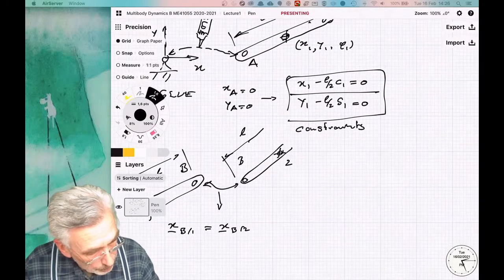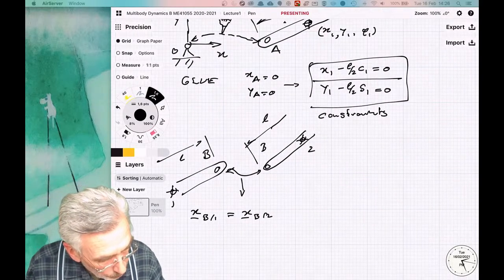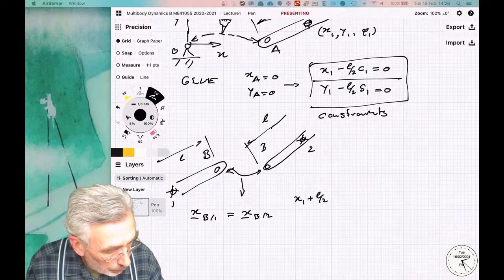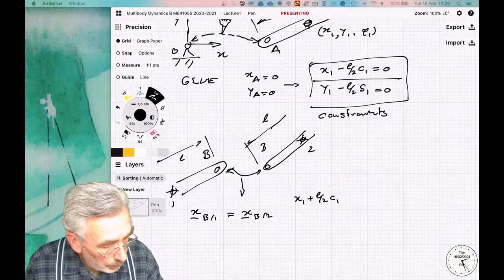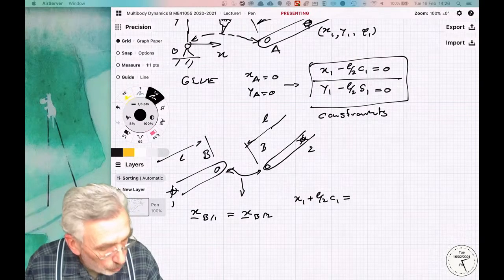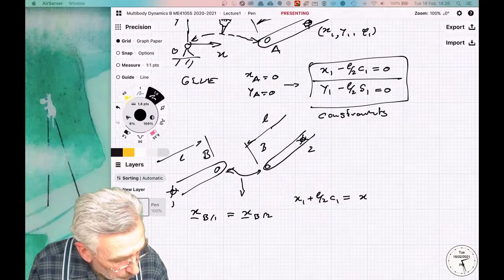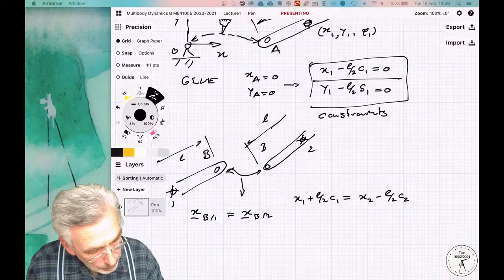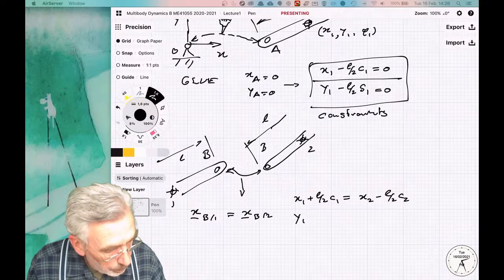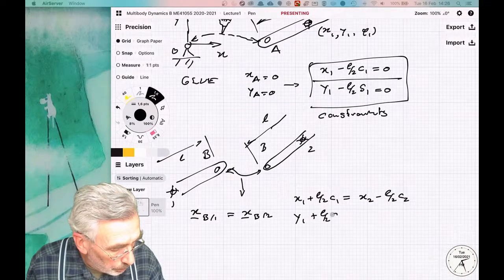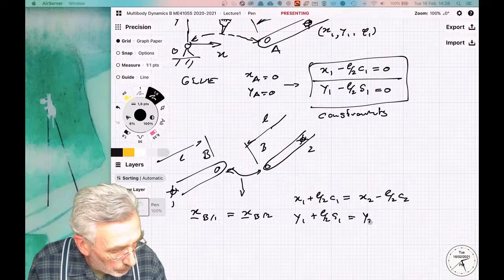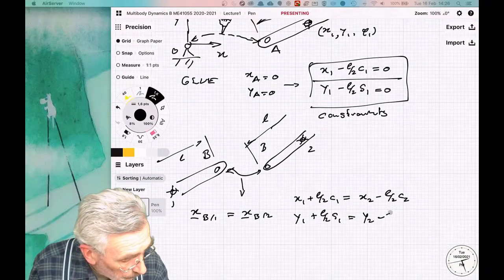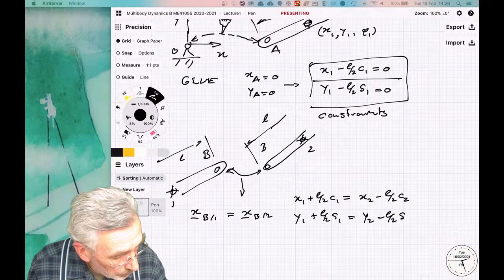Or in other words, in components, we can say x1 plus L over 2 cosine phi1 should equal x2 minus L over 2 cosine phi2. And likewise y1 plus L over 2 sine phi1 is y2 minus L over 2 sine phi2.